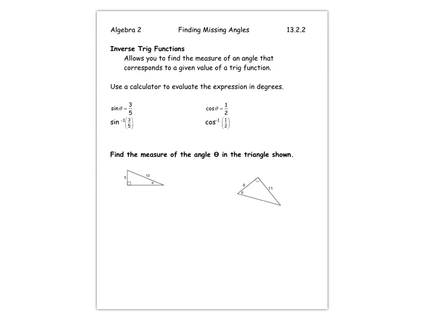And so that means that we can have the calculator look up that missing angle for us if we just tell it the value, the fraction, the decimal that sine, cosine, or tangent should equal. And so to do that, we're going to want to use our second button or our shift key, depending on what it's called on your calculator.